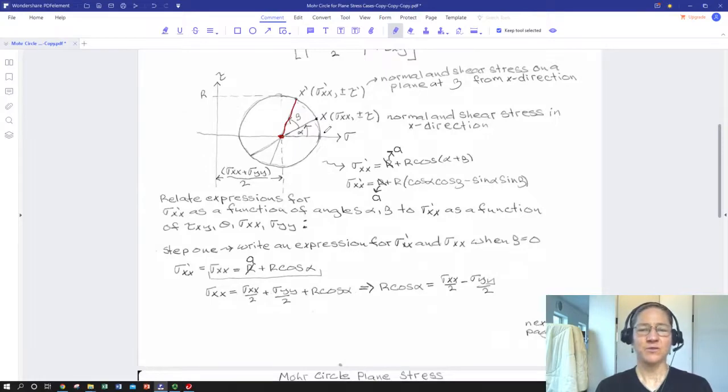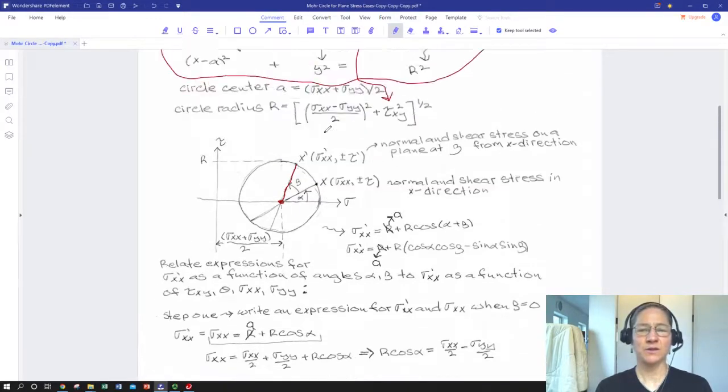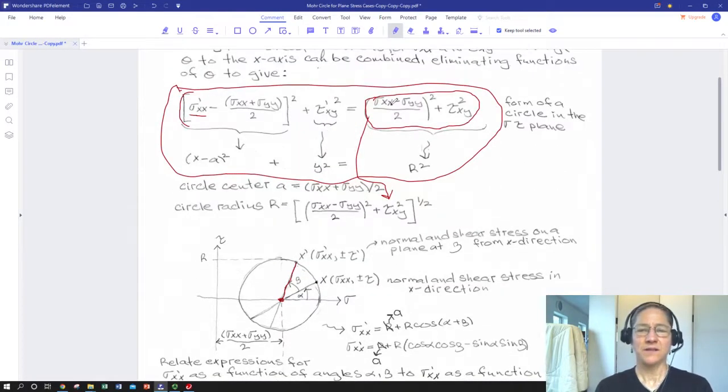Except the important thing to remember is when we plot our circle, given what we're plotting up here, remember x is the normal stress on our tilted plane and y is the shear stress on our tilted plane. So we're not plotting against x and y dimensions, we're plotting shear versus normal stress.